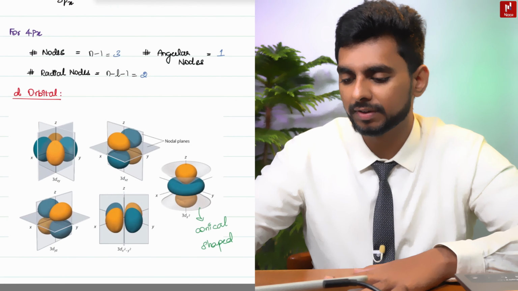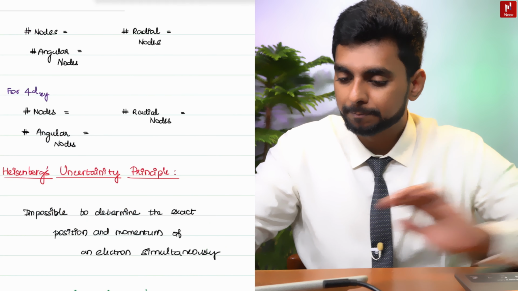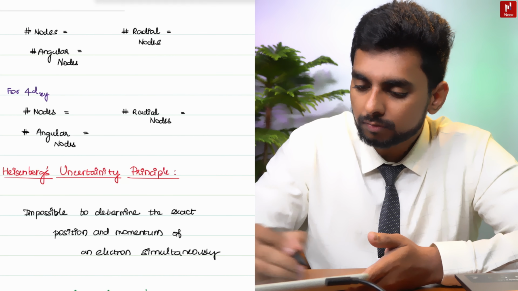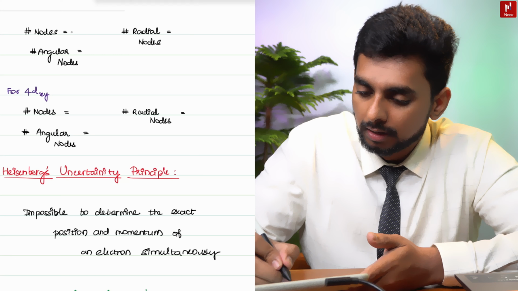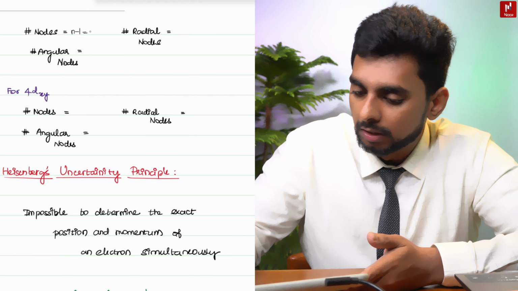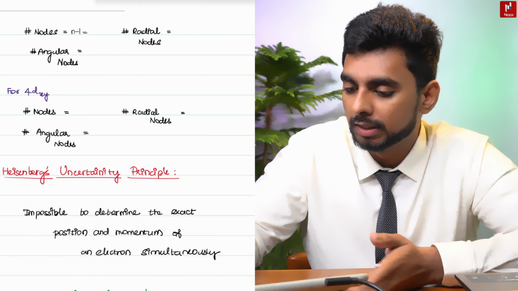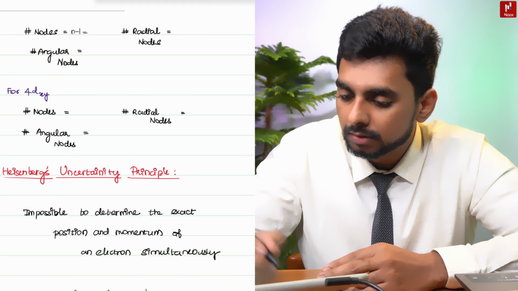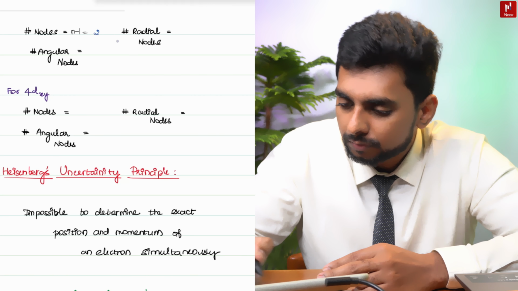Now let me use a formula to verify it. So if I do use that one, you'll get the answer straight away. Number of nodes over there, to get that one, the formula that I could use is n minus 1. That one was like 3d, isn't it? So 3 minus 1, that should give me like 2. Yeah, so over here you'll have 2.